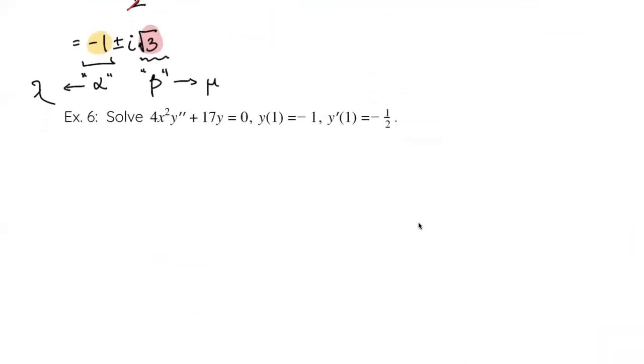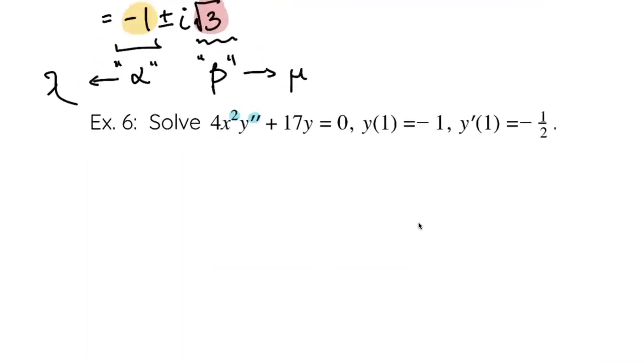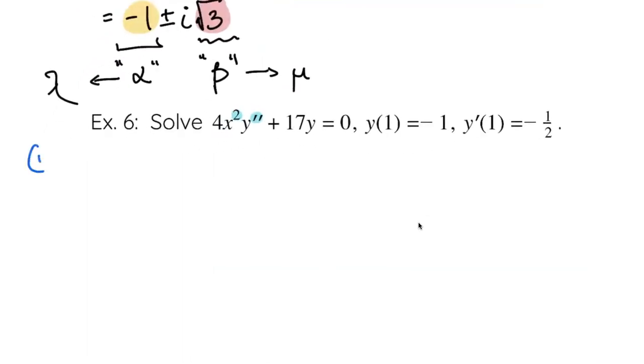We have here a Cauchy-Euler equation. There are the classic signs, all right? That's x squared and the double prime. And if we go ahead and set this up, that means first thing we're going to do, we are going to find roots. Okay, so we're going to go ahead and find roots.